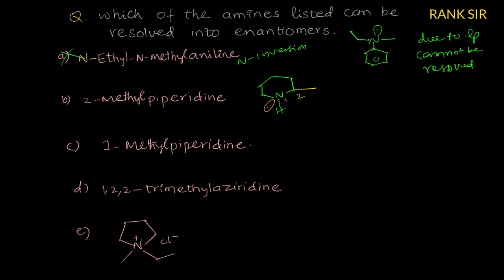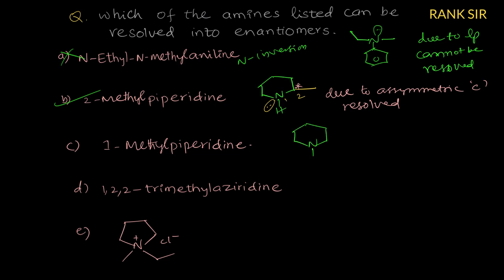But actually, what is present here? A chiral carbon is present. So due to the chiral or asymmetric carbon, it can be resolved. So keep in mind this is resolvable. Then C, 1-methyl piperidine. Same structure but a small difference.